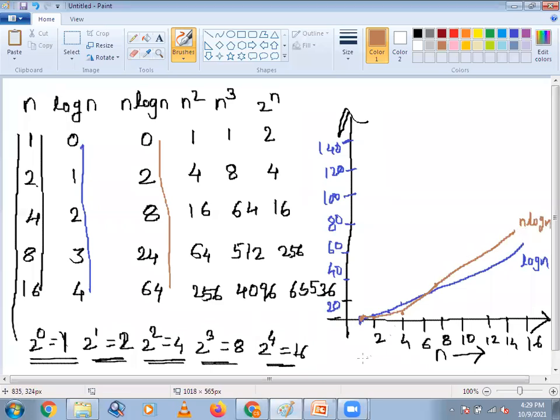Then for n square, 1 as it is. Then for 2, it is 4. Then 4, 16. Then 8, 64.